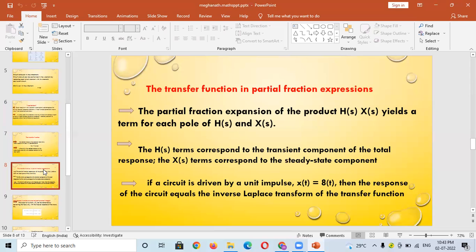Both belong to separate transient and steady state components. And if a circuit is driven by a unit impulse, x(t) = δ(t), then the response of the circuit equals the inverse Laplace transform of the transfer function.